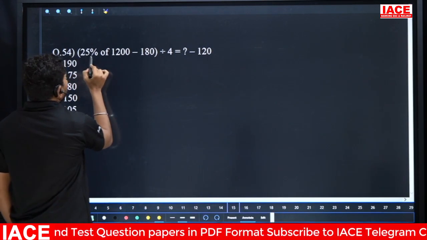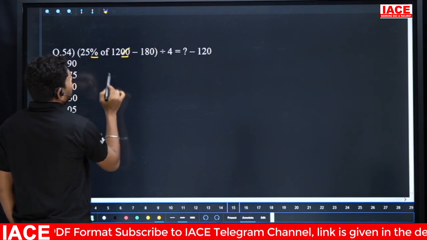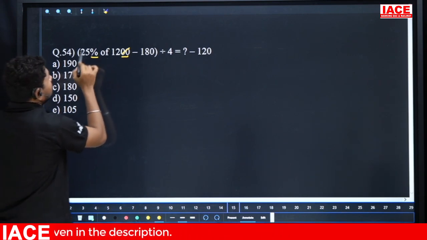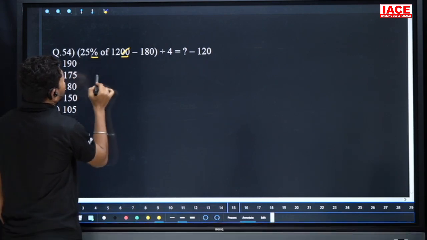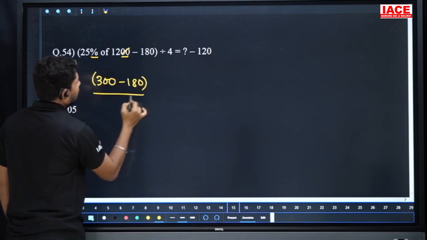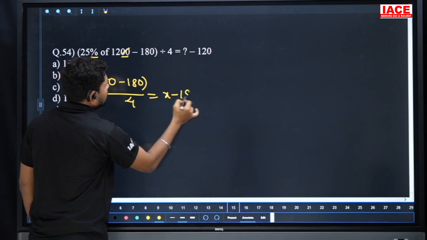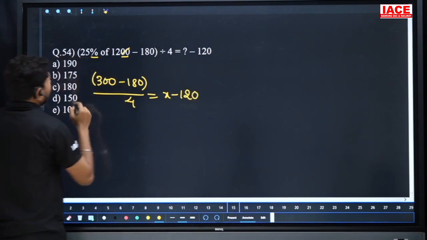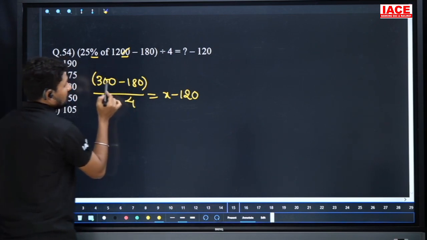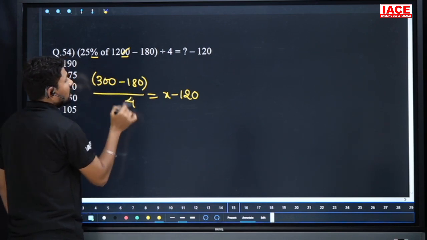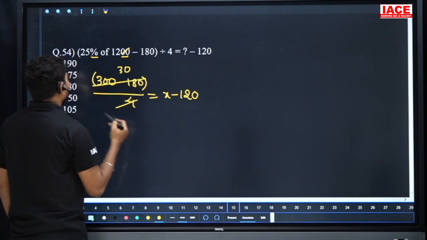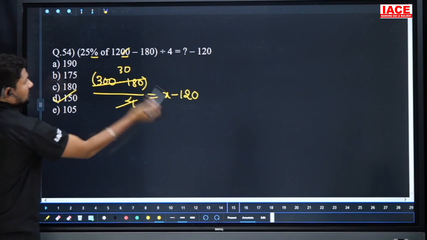Look at 25 percentage wise, double zero cancel, and 25 percentage of 1200 means 50 percentage of 6, 6 5 is 300. 300 minus 180 by 4 whole, which is equal to x minus 120. 300 minus 180 is 120, 120 by 4 is equal to 30, and 30 is added to 120, our answer is 150.